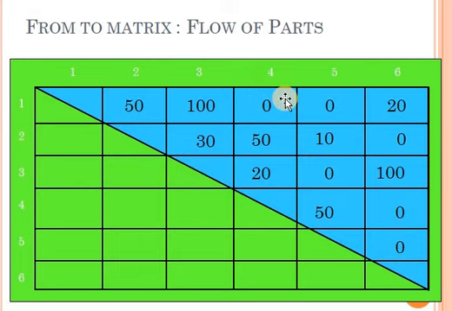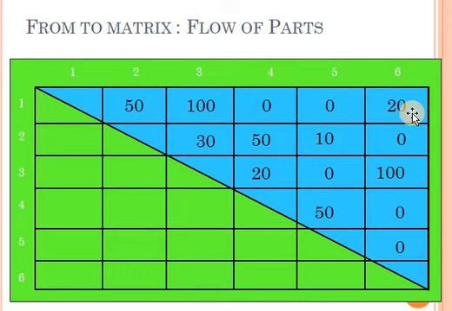And from department 1 to department 5, also 0 units being moved. From department 1 to 6, I have 20 units being moved on average per day. So you see, I am presenting the load between departments, the movement of units from department to department.